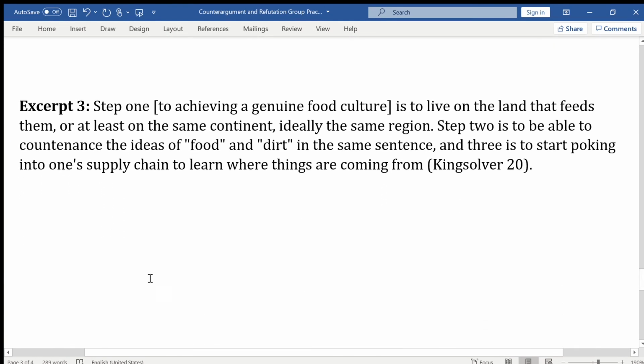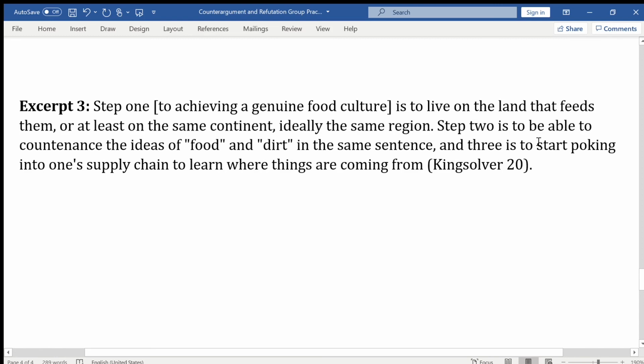And our last excerpt and last practice. Step 1 to achieving a genuine food culture is to live on the land that feeds them, or at least on the same continent, ideally the same region. Step 2 is to be able to countenance the ideas of food and dirt in the same sentence.